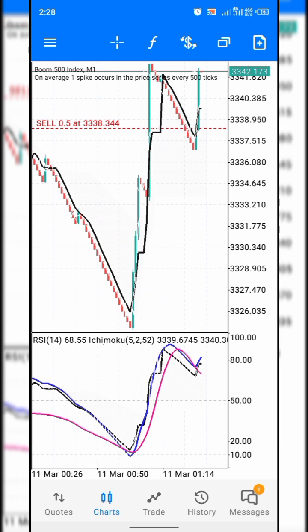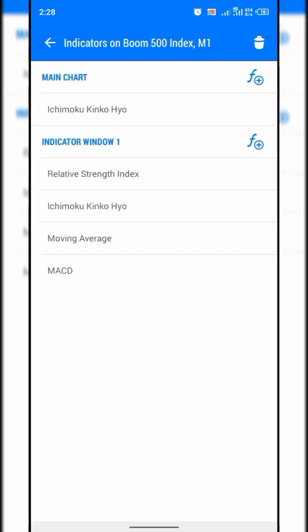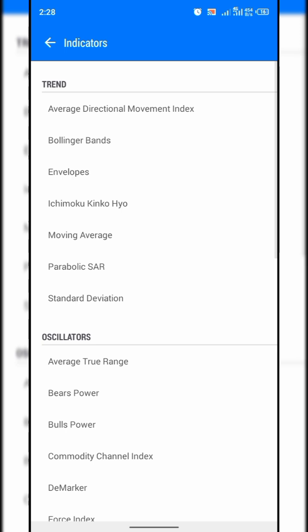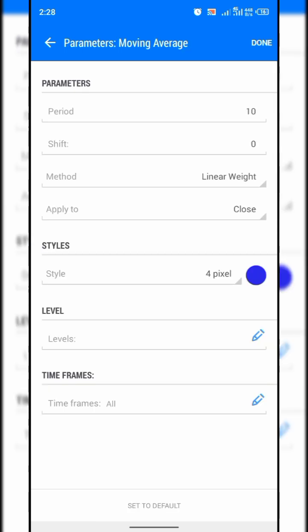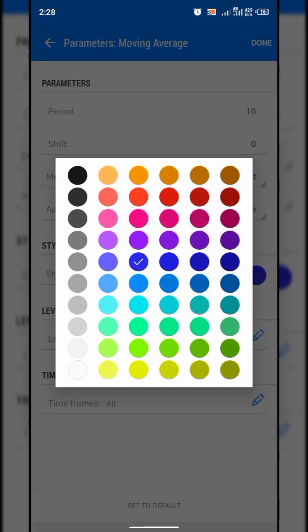You have the black line on the main chart here now. That's good. Then you click on the indicator, click on moving average. You had the moving average 10. You can change the color if you want, and you can leave it as blue.